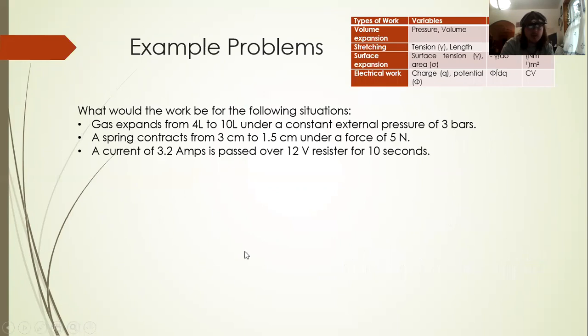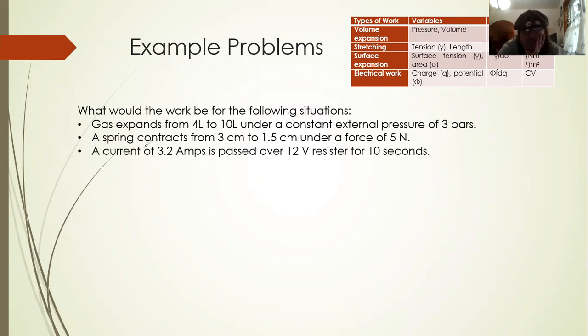Okay, so quickly, let's try to calculate the work of these various systems. The hardest part here is just watching out for the units. The units will kick you if you're not. Gas expands from 4 liters to 10 liters under external pressure of 3 bars.